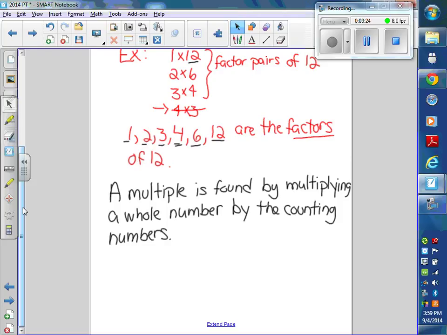So a multiple is found by multiplying a whole number by any of the counting numbers.